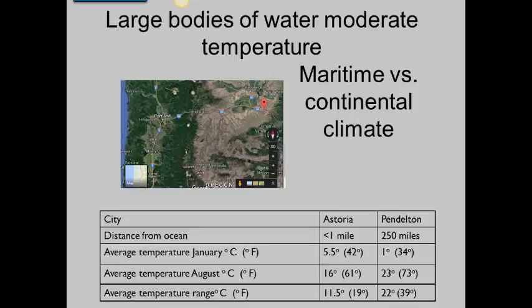So the Pacific Ocean stays relatively consistent in its temperature, which warms up Astoria in the winter and cools it down in the summer. So what we see here is a much smaller range of temperatures in this maritime climate compared to the range of temperatures in Pendleton, which we would consider to be a more continental climate.